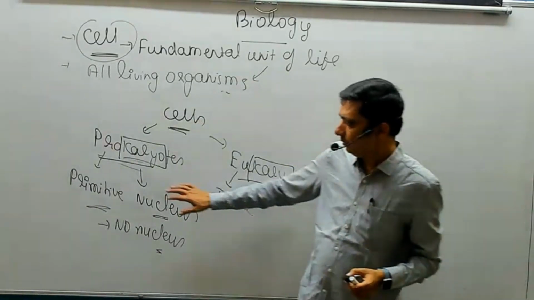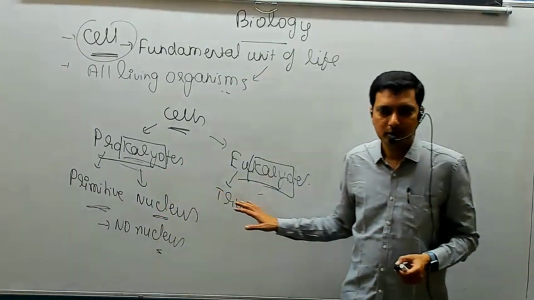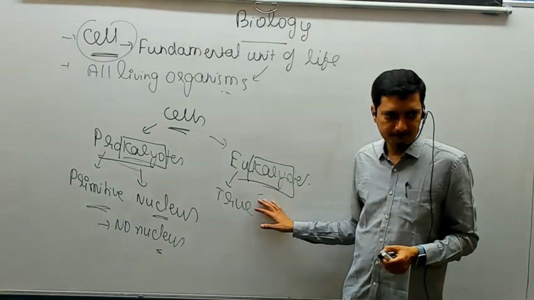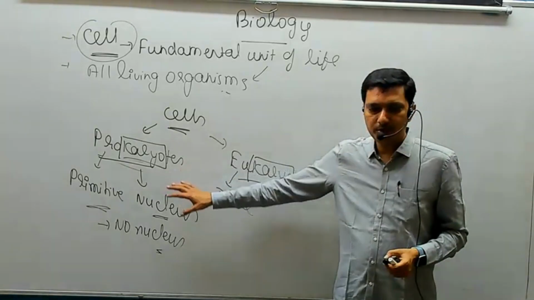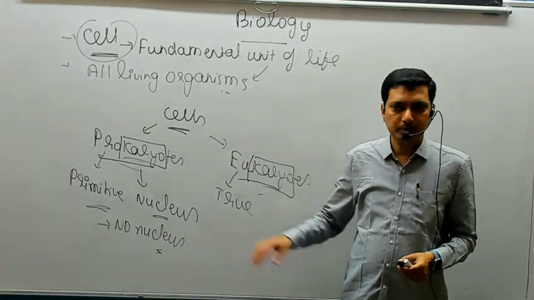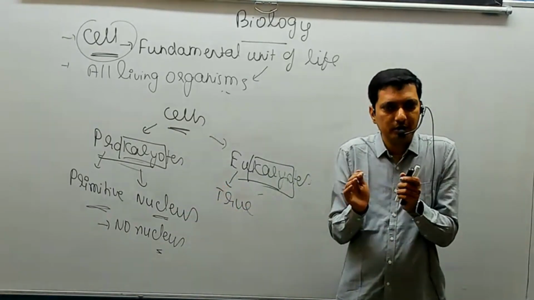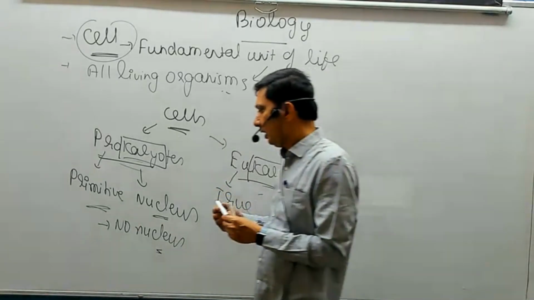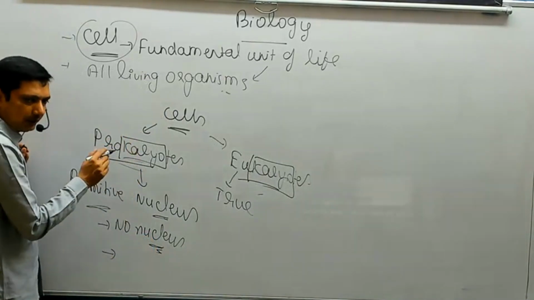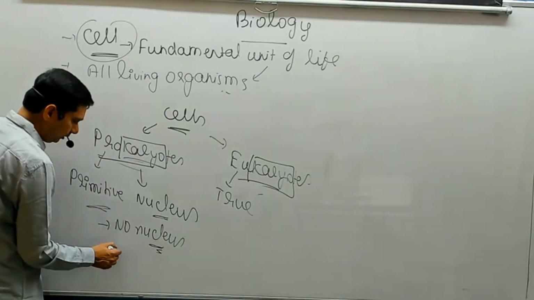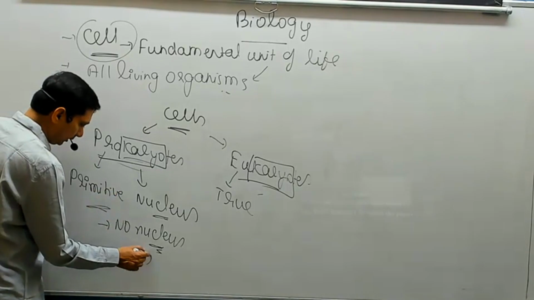Here we are talking about those without nucleus and those with nucleus. Although historically it was described based on nucleus, prokaryotes contain no compartments, which are known as organelles. Not only nucleus, these primitive cells carry no organelles at all. What are organelles?